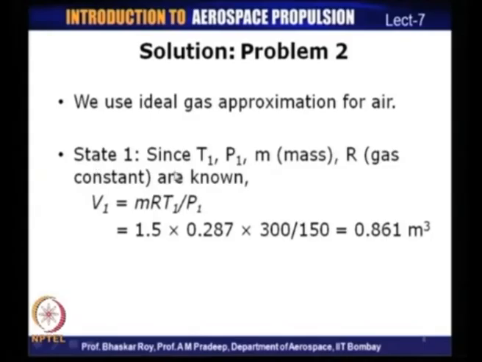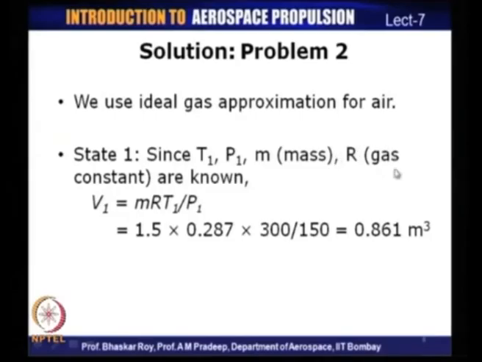Now, at state 1, we know certain properties of the system. Temperature is specified in the problem as 300 Kelvin. Pressure is given as 150 kilopascals. We know the mass of the system, 1.5 kilograms, and we also know the gas constant for air.